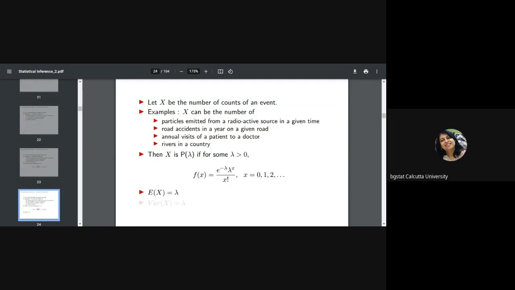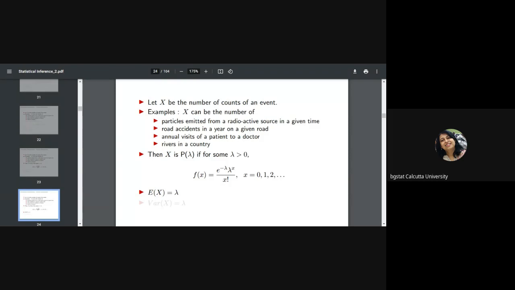Maybe we are looking at the number of misprints in a book. We could be looking at the number of patients of COVID who turn up at a particular hospital. In each of these cases, we are trying to measure a random variable, which is the number of a certain specific event of interest happening.